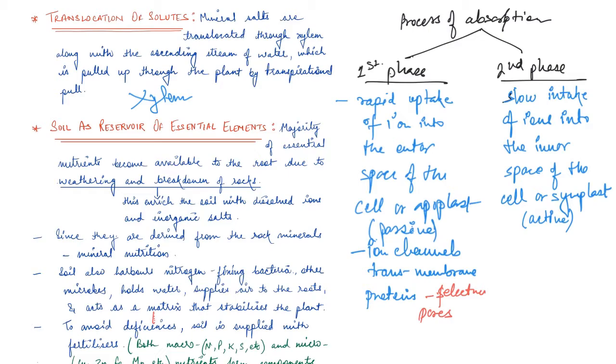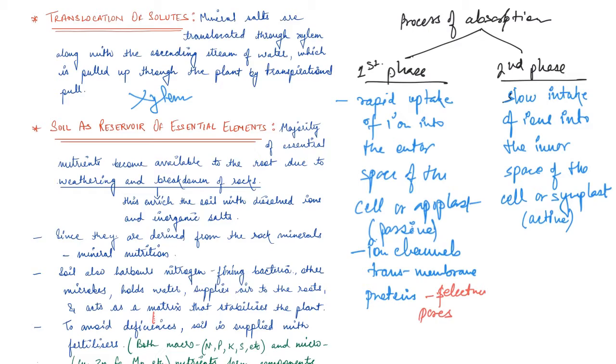And if you use radioisotopes of mineral elements, all that will also substantiate the view that they are transported through the xylem itself, right? And we have already discovered how the water moves in the xylem in the ascending way. So in a very similar way, mineral salts as well are translocated through the xylem.